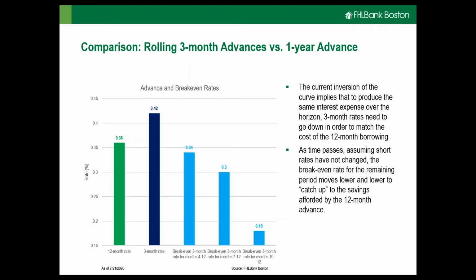If we were to assume that the 3-month rate is unchanged and stays at the current levels, at each quarterly rollover, the rate needed for the remaining time frame would need to be lower. When there's 6 months to go, the rate would need to average 30 basis points for those final 2 quarters. And when there's only 3 months left, the break-even rate drops even further to 18 basis points.